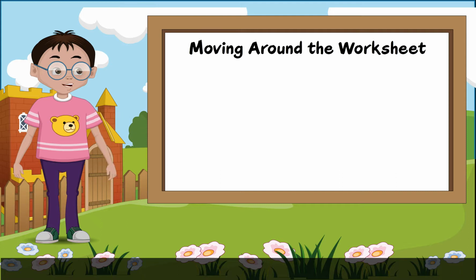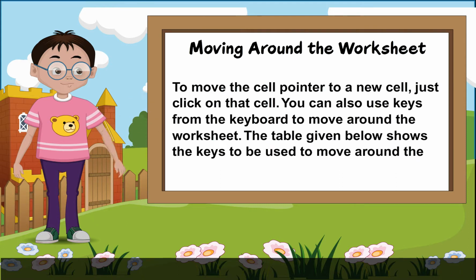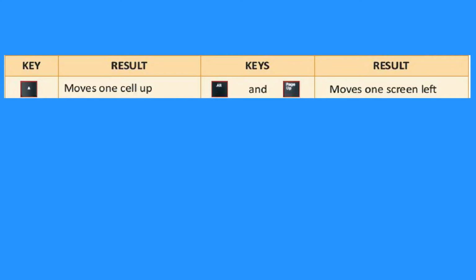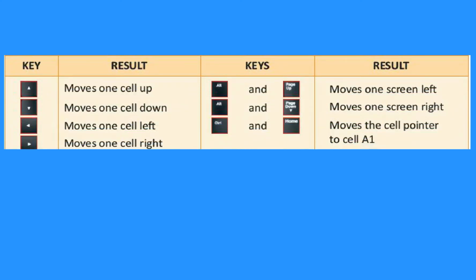Moving around the worksheet. To move the cell pointer to a new cell, just click on that cell. You can also use keys from the keyboard to move around the worksheet. The table given below shows the keys to be used to move around the worksheet. Keys. Result. Moves one cell up. Moves one cell down.